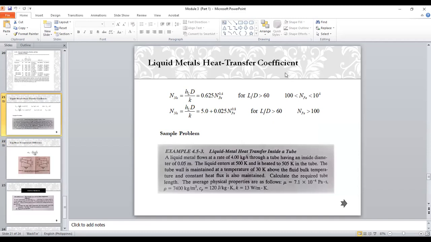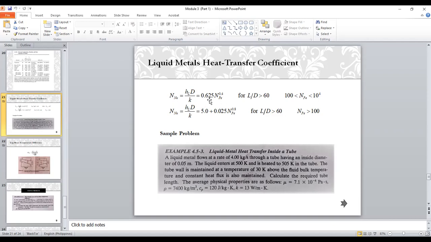Now, based on the fundamental formula that we are using for convective heat transfer, the first formula that you could see on the slide is the Nusselt number, which is equal to hD over k: the heat transfer coefficient, the diameter, and the thermal conductivity of the fluid. This is also equal to the product of 0.625 and the Peclet number raised to 0.4.